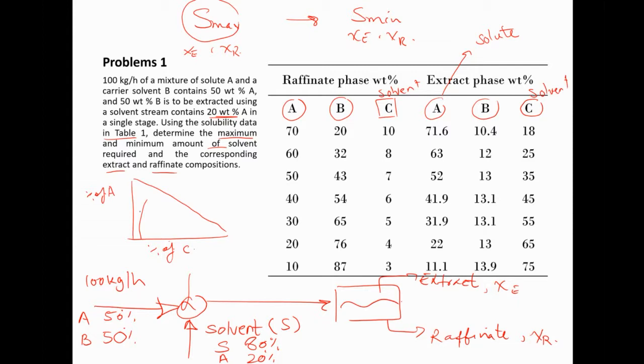So you have to draw this line, and another line, and locate the feed point and your solvent point, and connect them together. And now you have to see what is the minimum and maximum amount of solvent that you have to use.